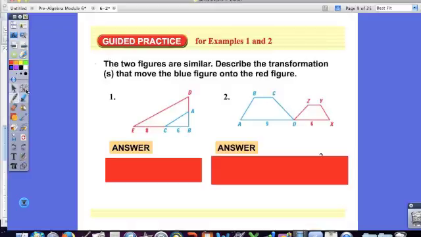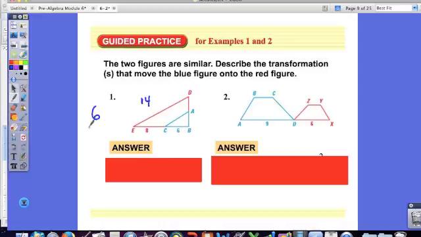So let's look at some examples. If 2 figures are similar, describe the transformation that moves the blue figure onto the red figure. So this original side here, which is 6, we want to move onto the red figure.